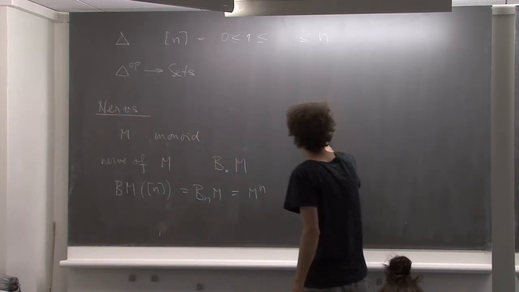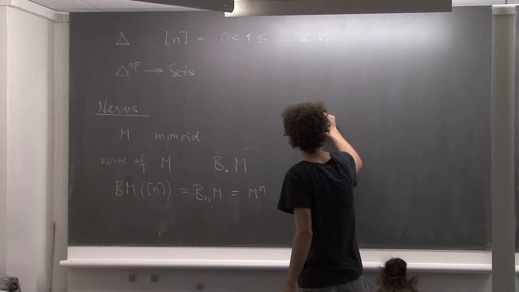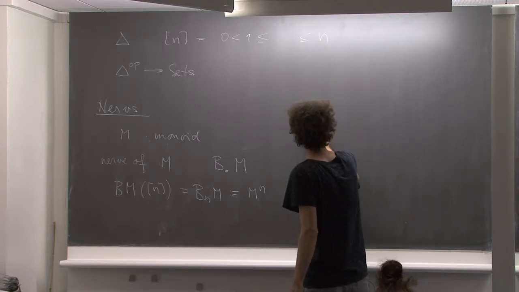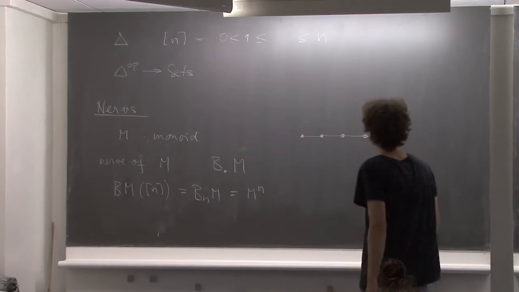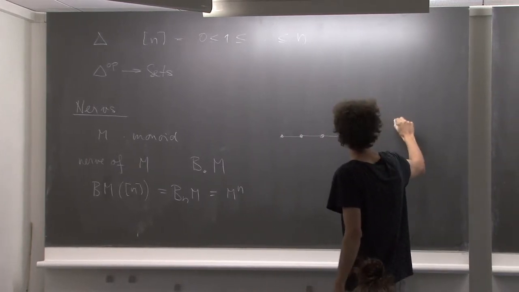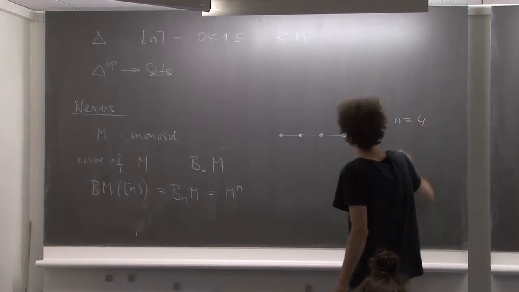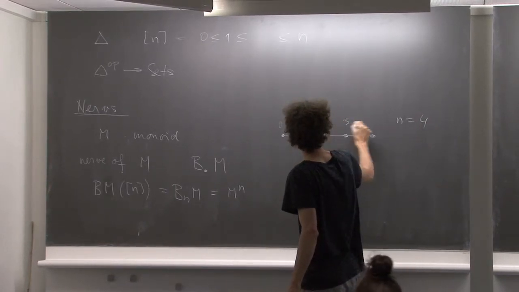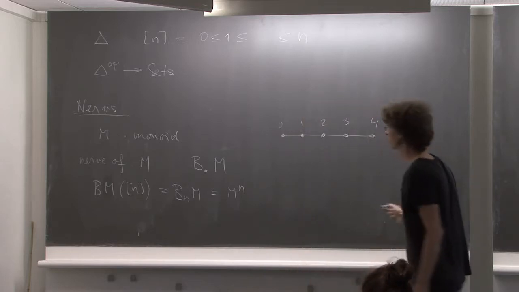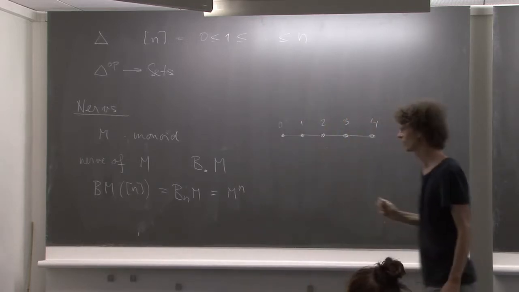How should one imagine it? Let me draw something for n equal to, let's see, say n equal to 4. So you imagine this is like 0, 1, 2, 3, 4. These are those numbers.